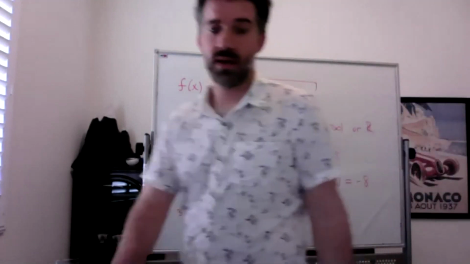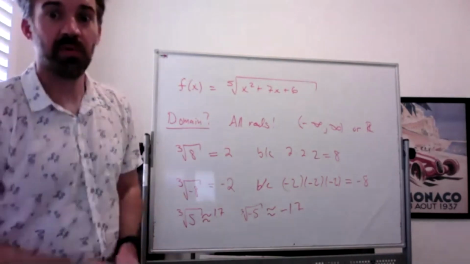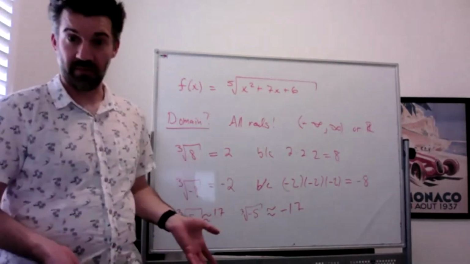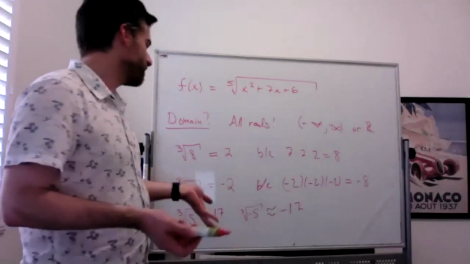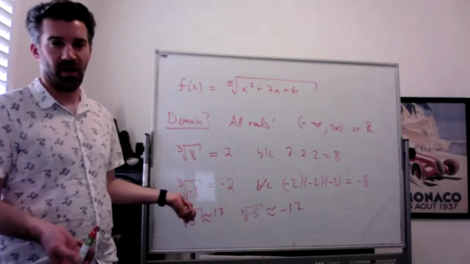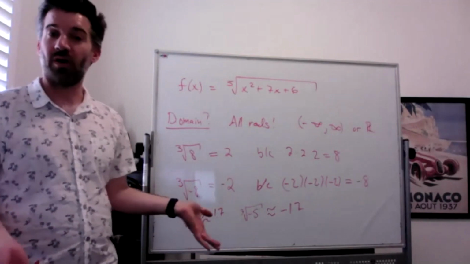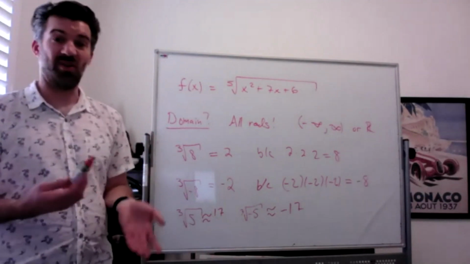So even roots, you can't take an even root of a negative number, but you can always take an odd root of a negative number. And more interesting, maybe not more interestingly, the odd root of the negative is just going to be the negative of the odd root of the positive. Or in a better way, odd roots are odd functions.